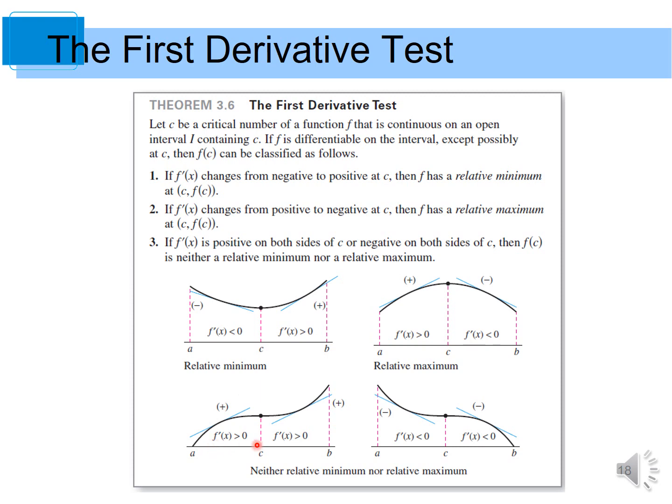Look at this figure, and this is the point c. The slope on both sides is positive. Or look at the point c for this curve. The slope here is negative, and for this interval the slope also is negative. So that's why for these two figures, we conclude neither a relative minimum nor a relative maximum.